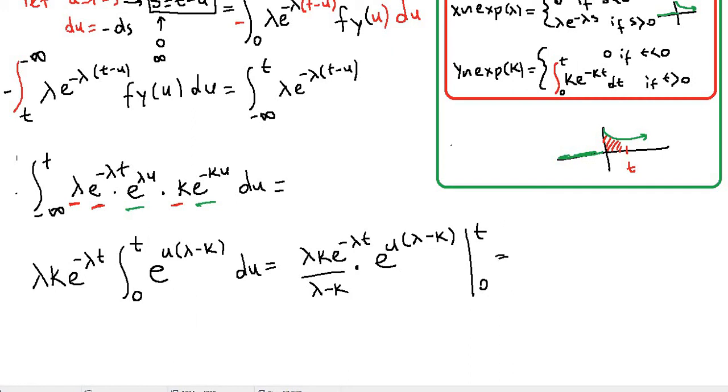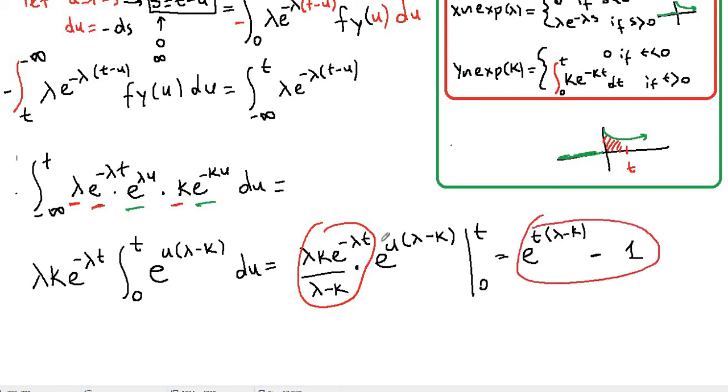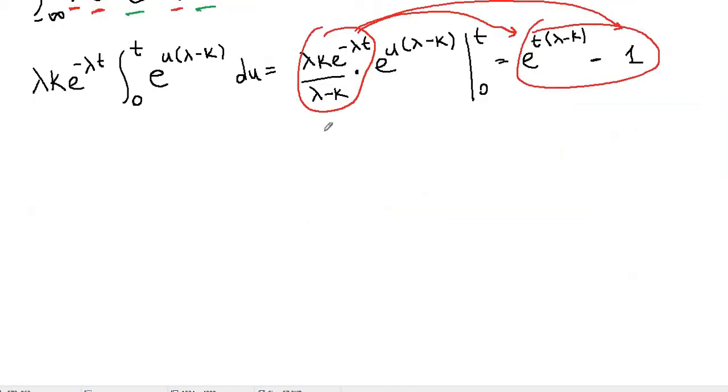So we have this function times the upper boundary, e to the t times (lambda minus kappa), minus the lower boundary, e to the 0, which is 1. So this function times the upper boundary minus the lower boundary.